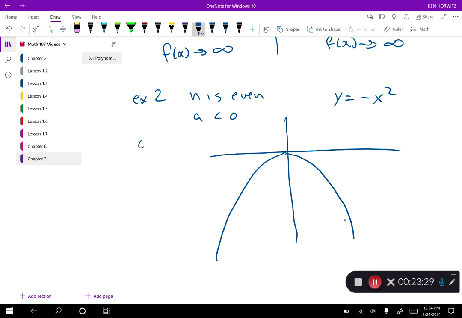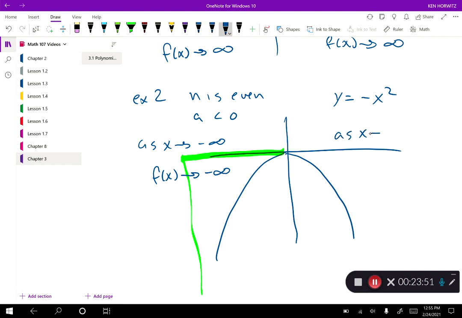So I can say as x approaches negative infinity, right? As x gets smaller, smaller, smaller, what happens to the y value? Well, it goes down, down, down, right? So we would finish this by saying f of x approaches negative infinity. Same on the other side, as x approaches infinity, right?